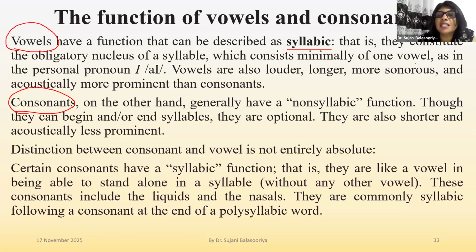Syllable is a sound unit. Just like a single sound is also a sound unit, either vowel or consonant. Similarly, syllable is also a sound unit which is bigger than a single sound, because a syllable can contain more than one sound.